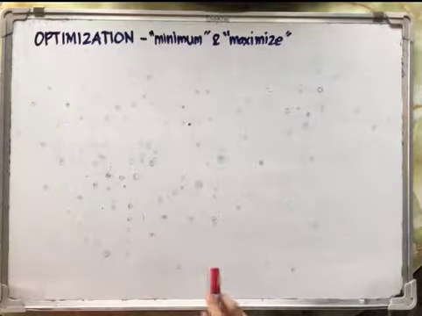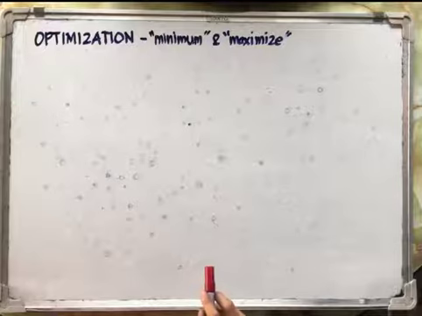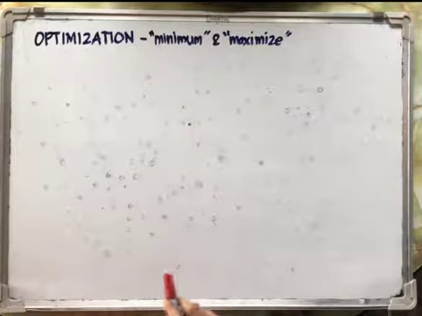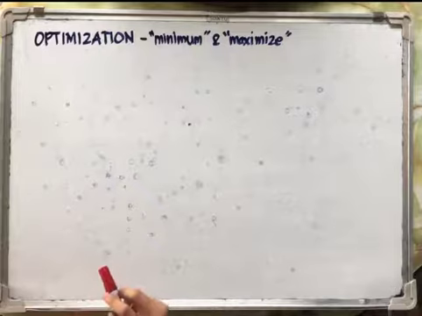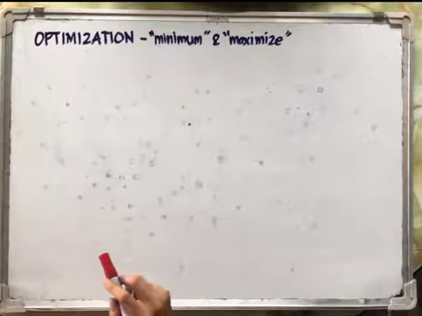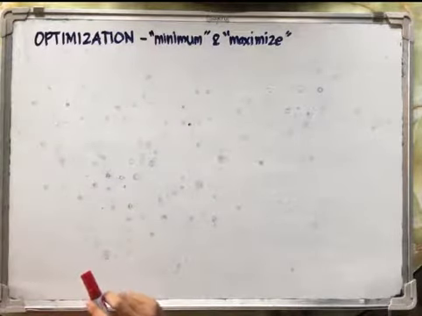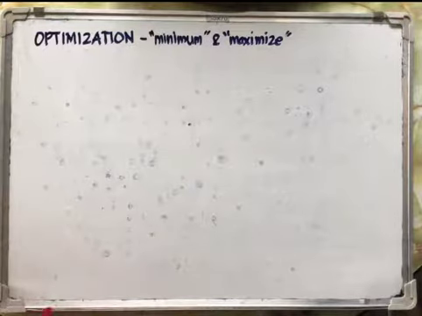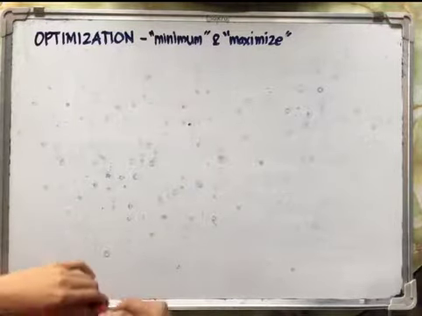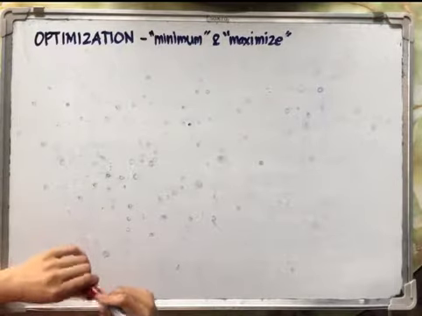Teka lang, what are the rules pala that you need to understand when talking about optimization? Okay? First thing na kailangan alam mo pag optimization ang pinag-uusapan is, una, you can establish your variables.